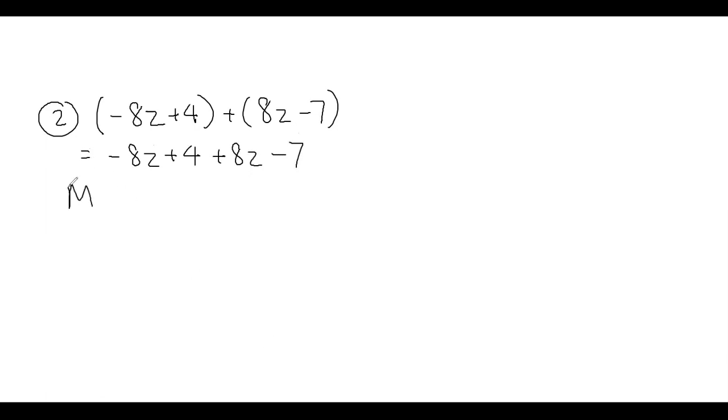Okay, method 1. I'm going to group together my like terms, negative 8z plus 8z. And then I'm going to group together my constants. Use green this time. Plus 4 and minus 7.